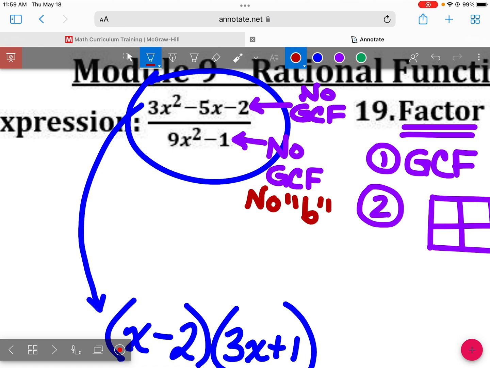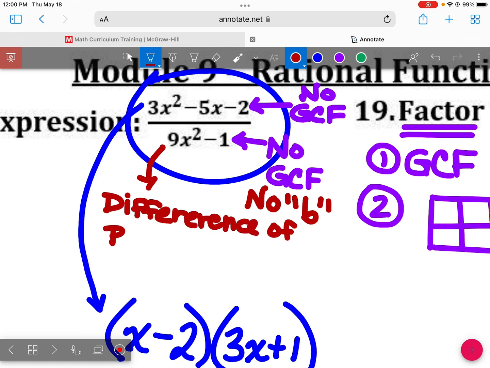Starts with a D. Difference of perfect squares. This is a difference. If you don't know that, that would be very helpful, yes. Difference of perfect squares.